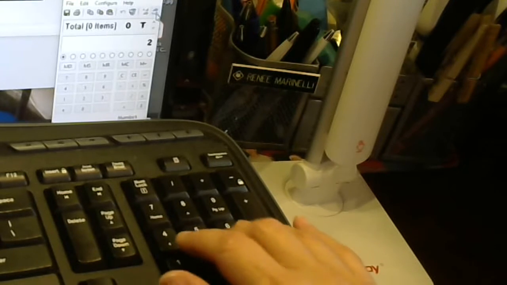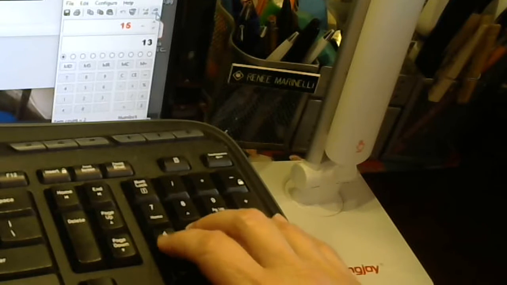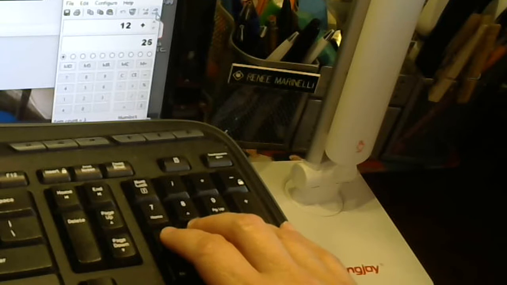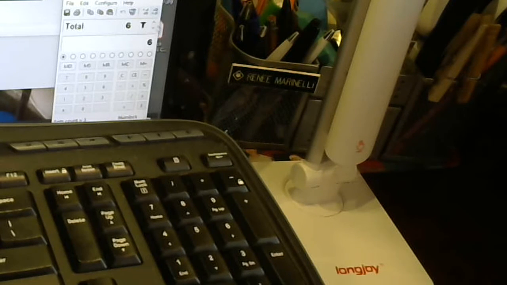So C, 28 plus 15 minus 12, I can either enter or not enter, divided by 4 is 6 with 2 places past the decimal, 6.25. So it's basically the same. When you're adding or subtracting, you have the option to hit the enter key before you do the multiplying or the dividing.